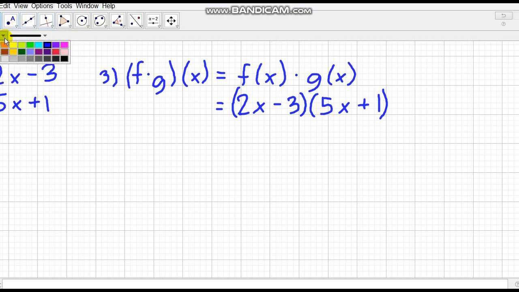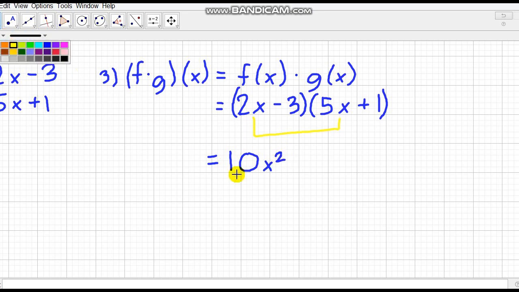So remember that whenever we multiply two binomials, we perform the FOIL method. So how do we go around that one? So let's start first with having the first terms, 2x times 5x, that is 10x squared.